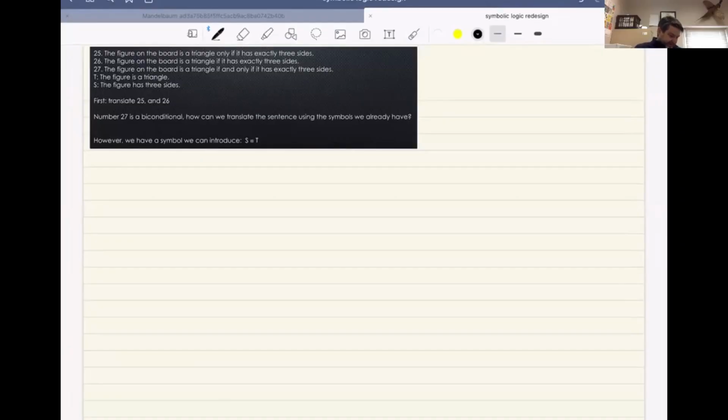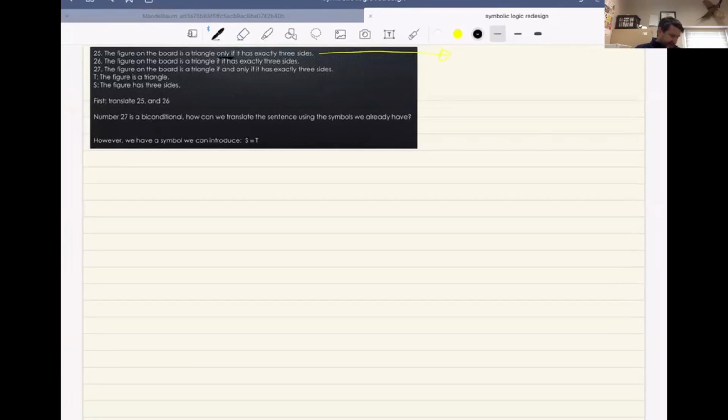So sentence 1 says, the figure on the board is a triangle only if it has exactly 3 sides. And so what's this going to get translated as? Again, "only if" is going to identify the consequent of our conditional.